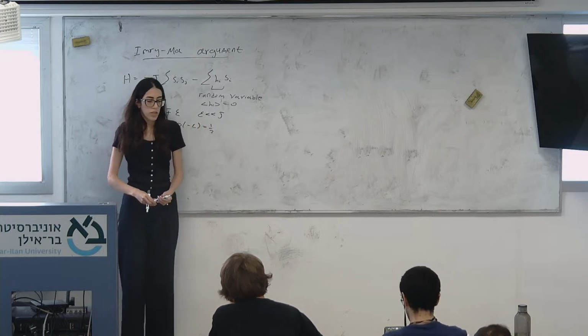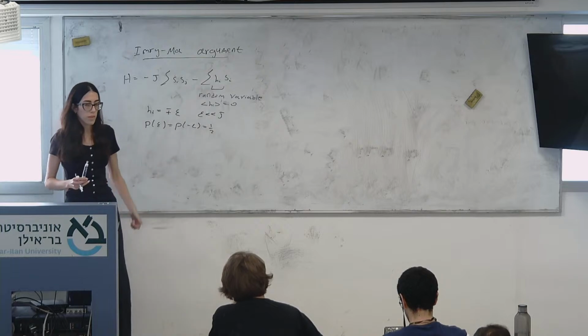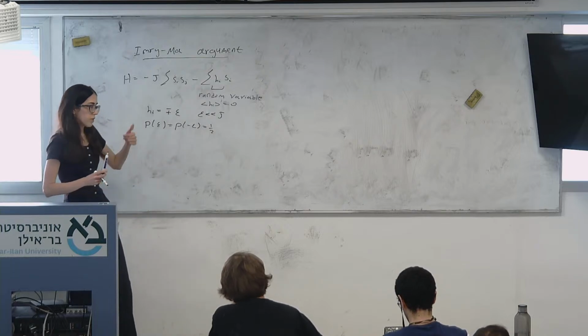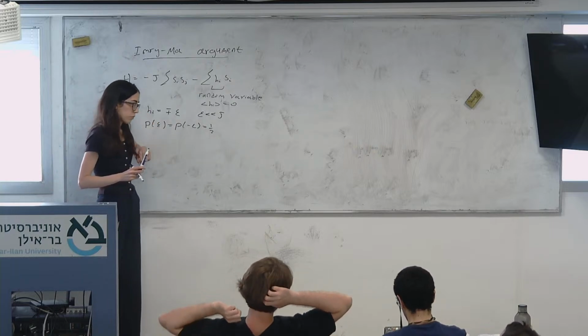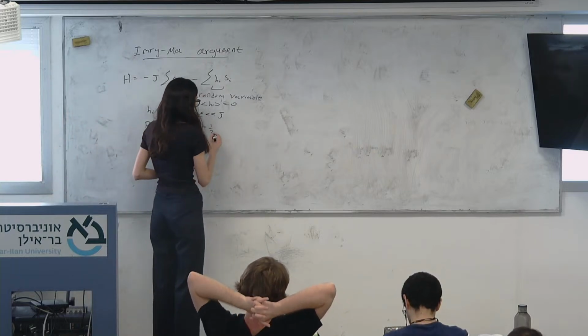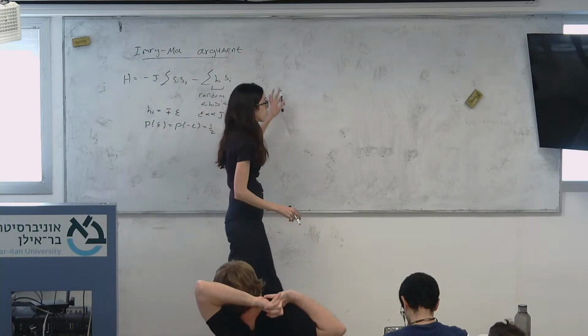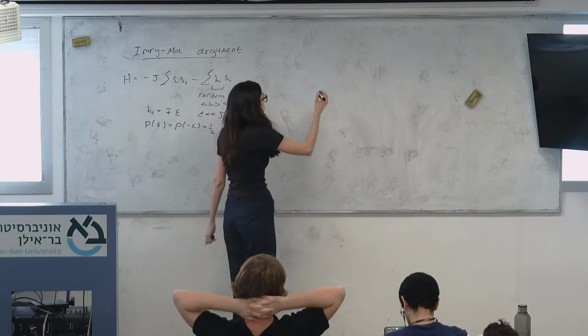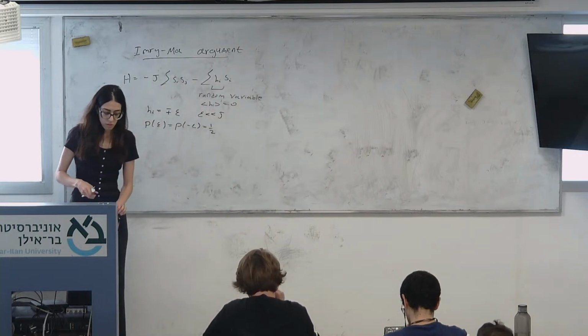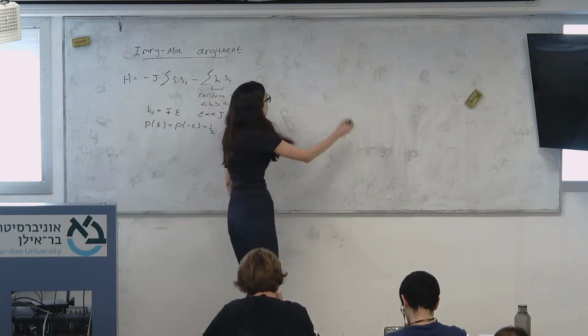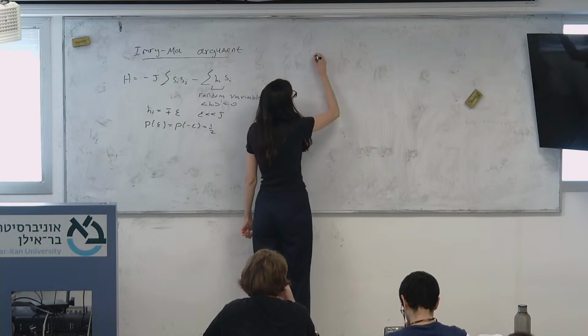So we have half of the spins with random field up and half of them with field down. So I'm going to draw the random field. So we have something like before. So spin up.